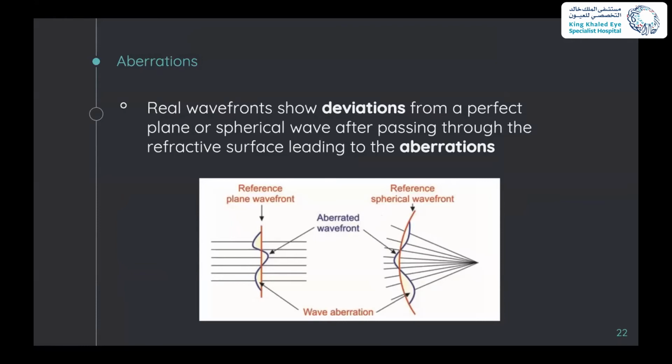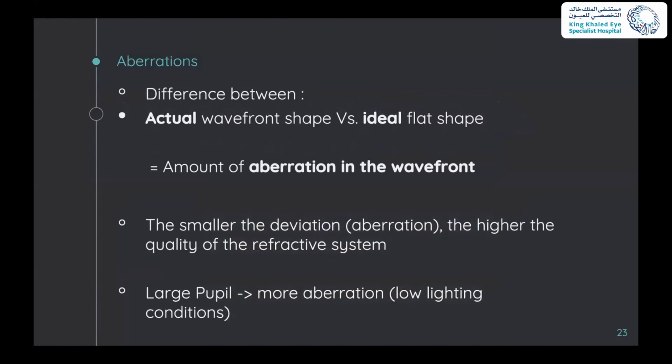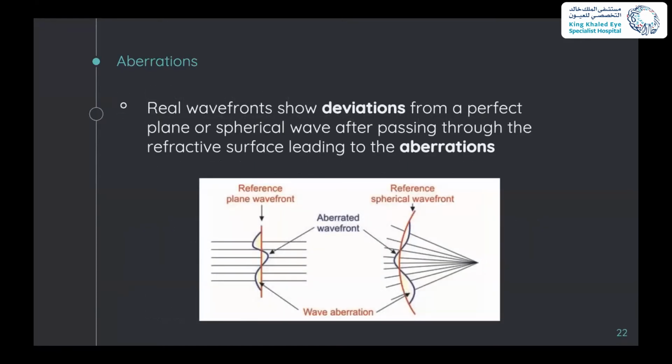So when we measure the difference between the actual wave shape and the ideal, this is what we mean by an aberration. In other words, if we take an ideal wavefront and compare it to a wavefront in reality, and we find a difference, this is what we call an aberration.